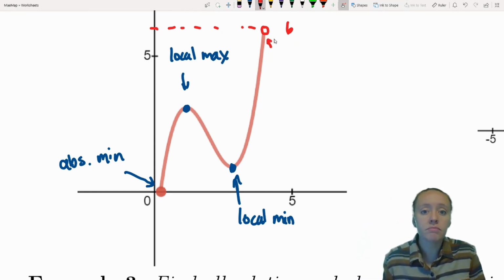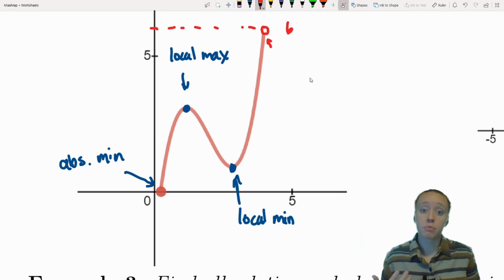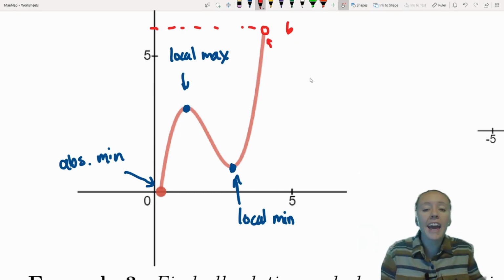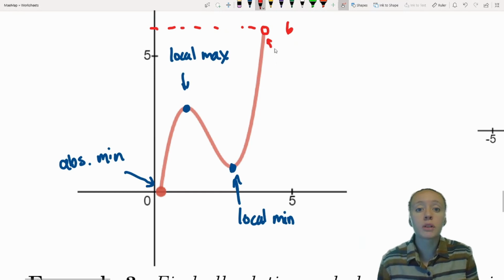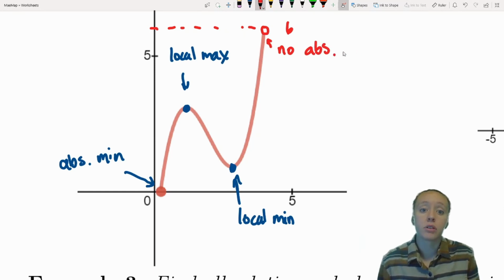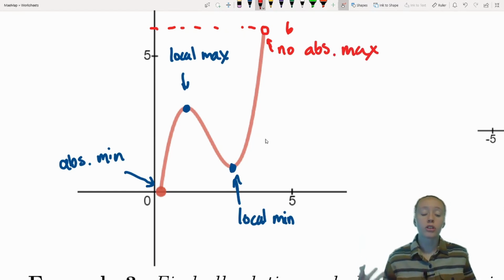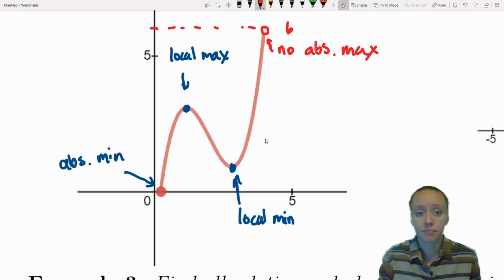Is it 5.9, 5.99, 5.999, 5.9999? You see how we can't definitively say exactly what that value is? So in this case, we would have no absolute maximum. However, if that point is defined, we know that there's nothing greater than that value of 6, so we would. So back to the original, we do have that absolute maximum, but if that endpoint wasn't defined, then we would have no absolute maximum. So overall, no absolute maximum for our function.